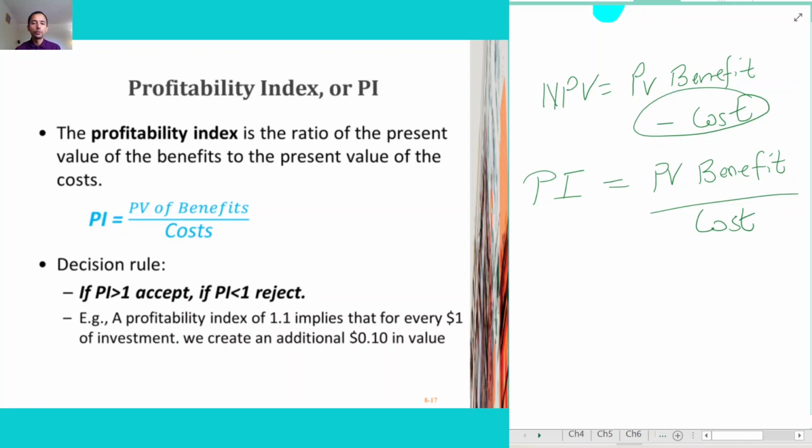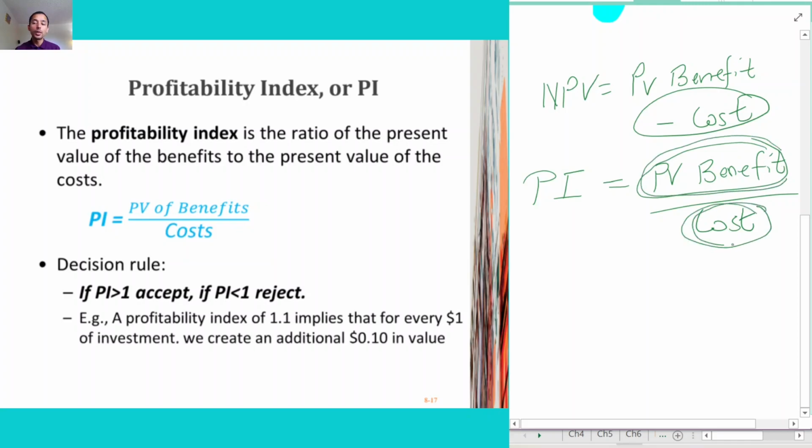For you to accept a project, you want the present value of benefit to be larger or smaller than cost? You want benefit to be larger than cost. We know that even from the NPV criteria. So we want this number to be at least 1 or greater than 1. Then accept. If it is smaller than 1, reject.